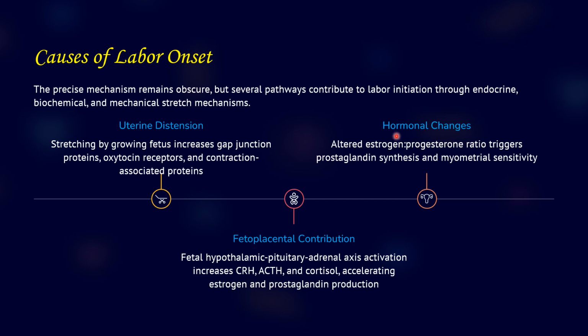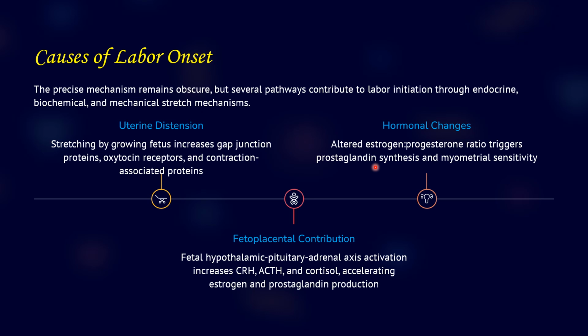So this also helps the uterine muscle contract effectively. Number two, there are hormonal changes. There is an alteration in the estrogen and progesterone ratio, from progesterone dominance to estrogen dominance. What this alteration does is lead to synthesis of prostaglandin. Now what does this prostaglandin do?